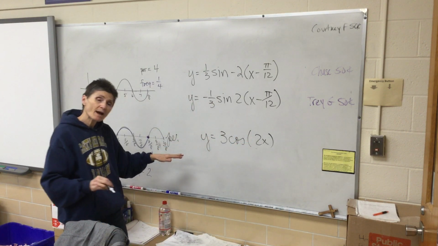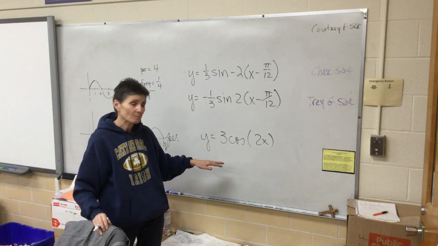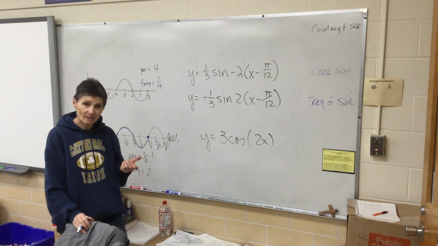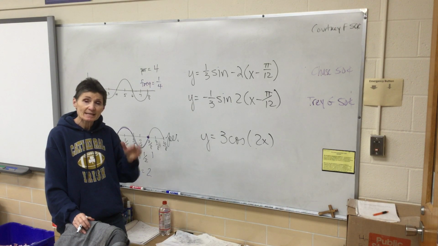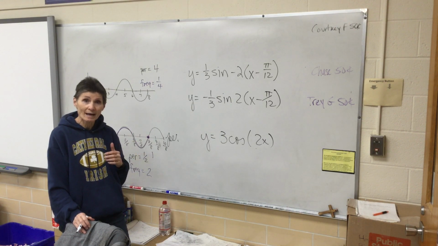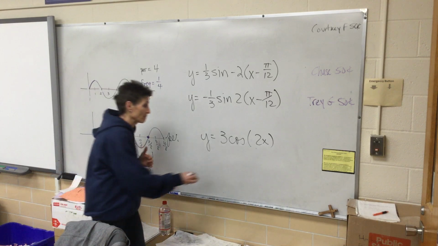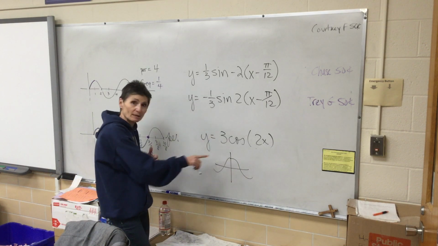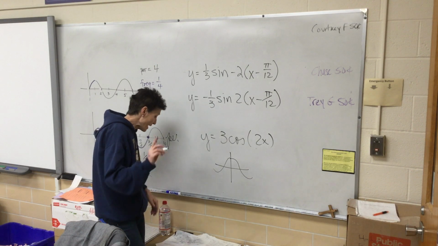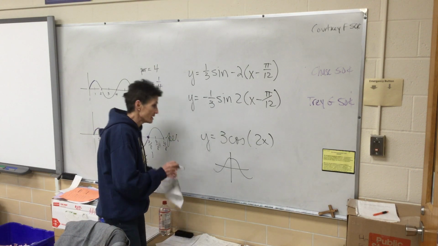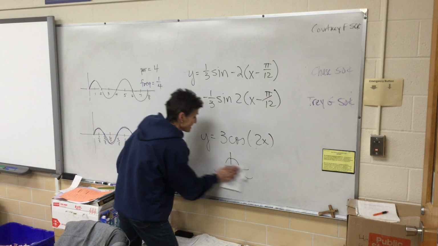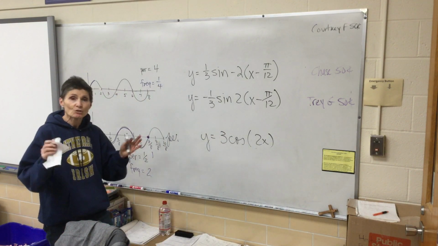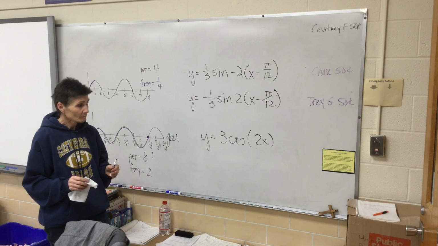With a cosine and a secant, that negative just disappears because the function is even. It has symmetry about the y-axis. Remember, cosine looks like this, so it's symmetric about the y-axis. And of course, its reciprocal is too. So the cosine and the secant are the only 2 even trigonometric functions.